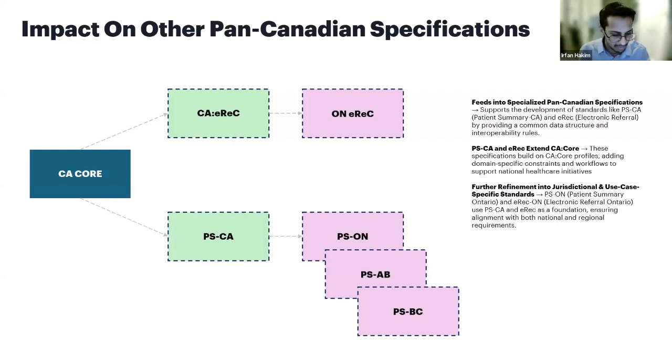It helps prevent duplication of effort if you're creating the e-referral guide at a national level and PSCA at a national level, because these two groups usually don't communicate too much when these specifications are being created, because working groups usually sit and work in silos.